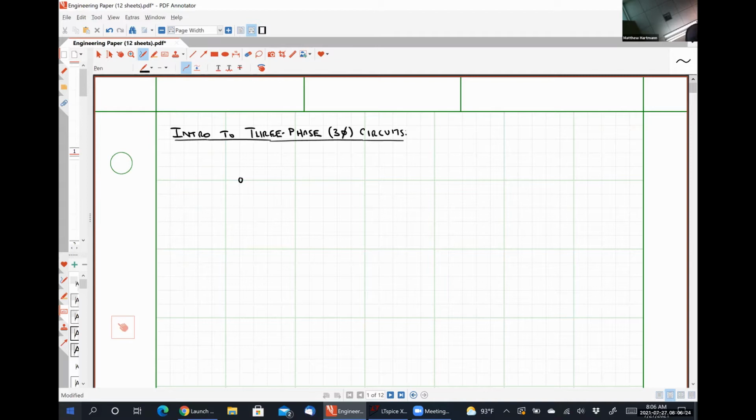So we might have some terminal A, a voltage source, some terminal N here, and I'm going to call this voltage source VP angle theta V volts.